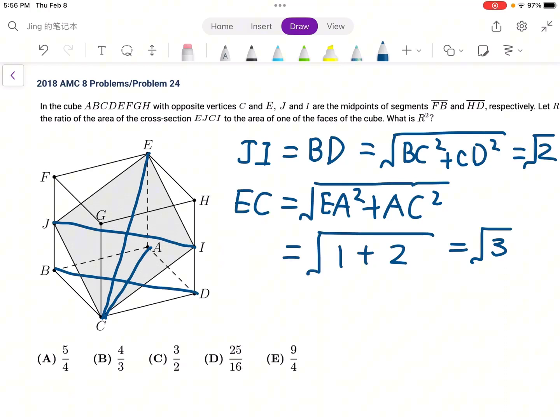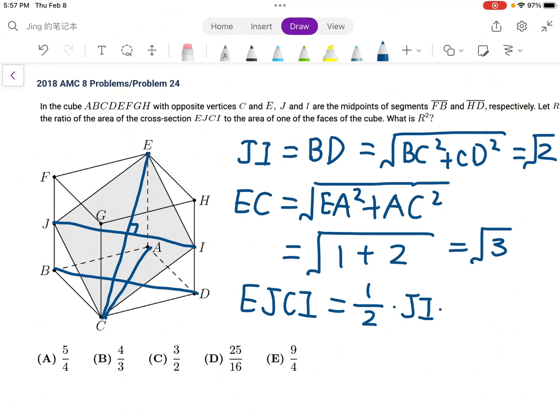And then the area of EJCI equals 1/2 of JI multiply, because EC is perpendicular to JI here.